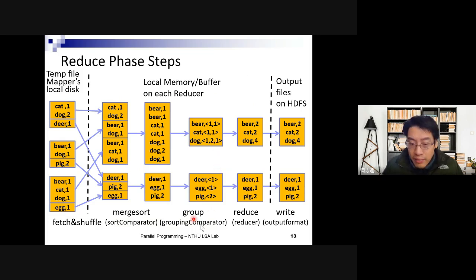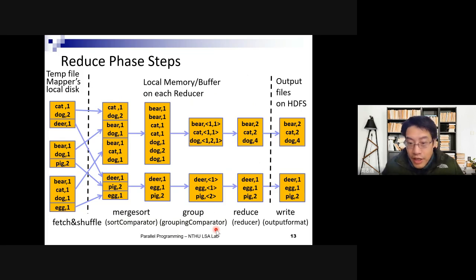You could do that by overriding the grouping comparator, so you only compare the first part of the key, not the whole key. Because you can override this function, you could implement the secondary sort solution we mentioned in the previous lecture. And we will also see that example again at the end of this lecture.